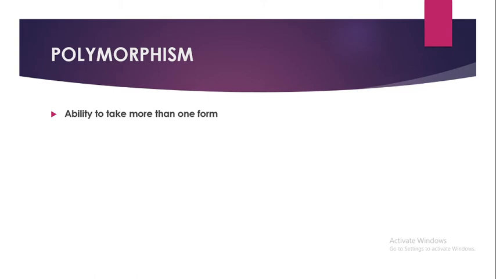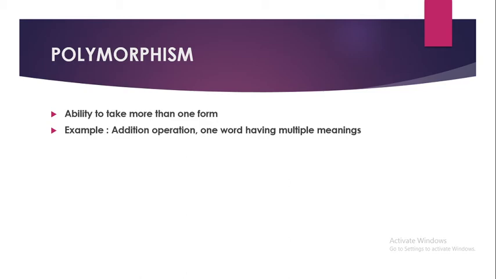Now polymorphism. Polymorphism is the ability to take more than one form. There are many examples. First we will see simple examples and then we will move to technical examples. We can say the addition operator takes multiple forms. How is it so?